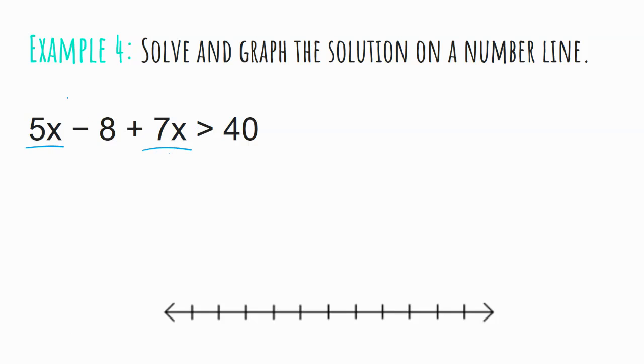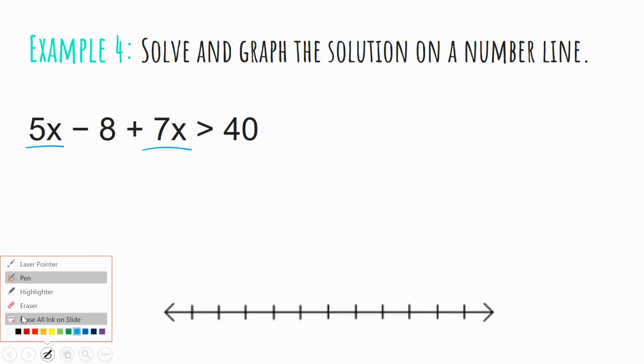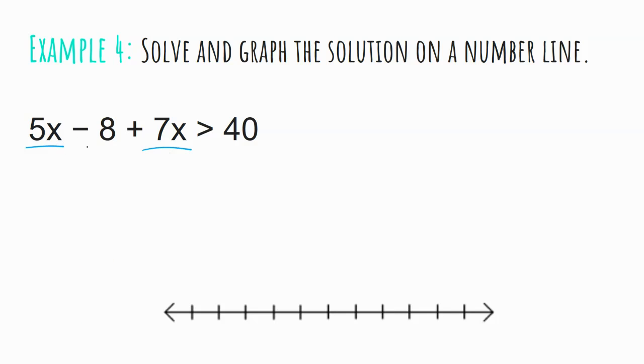And remember, if the variables match, I can put those together, right? So what I'm going to end up with on the left-hand side is 12x minus 8 is greater than 40. Okay, so be careful with these. Sometimes you may have to combine like terms or simplify before you start solving.